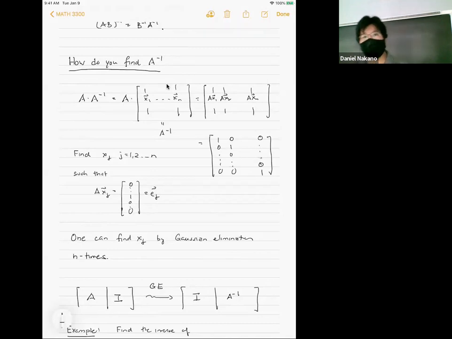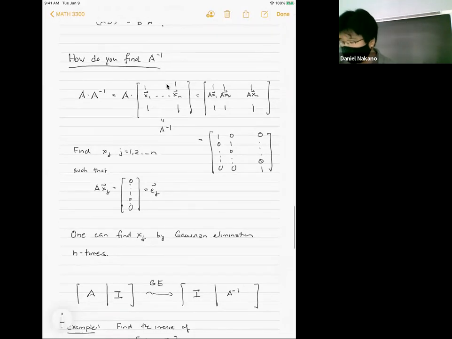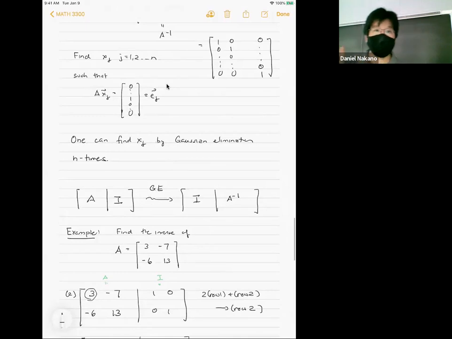So what I'm saying is that you could solve for each xj and do it n times. Or you can do it the way that I did it, where we do it all simultaneously. That's the point. Instead of having one column or one vector for B, we have n vectors, namely the identity matrix, and we do it all at once.